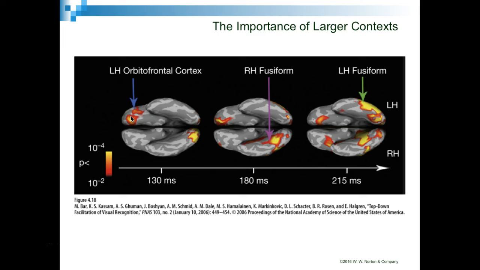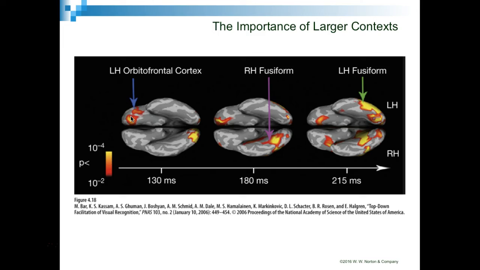So this is a very interesting slide, and let me talk about what it's demonstrating. The take-home message, that's what I want you to get here. This was an object identification task, and we saw activation in the frontal cortex ahead of the occipital cortex, or the occipital temporal cortex.